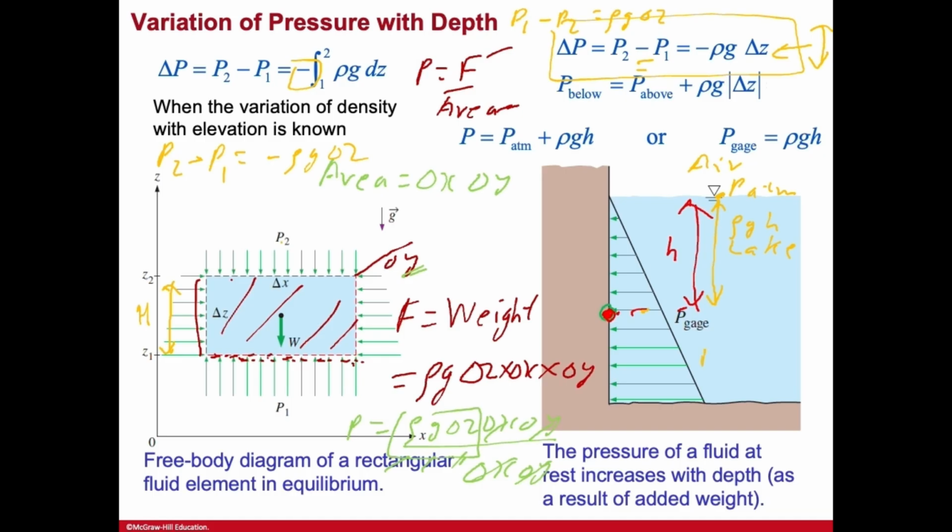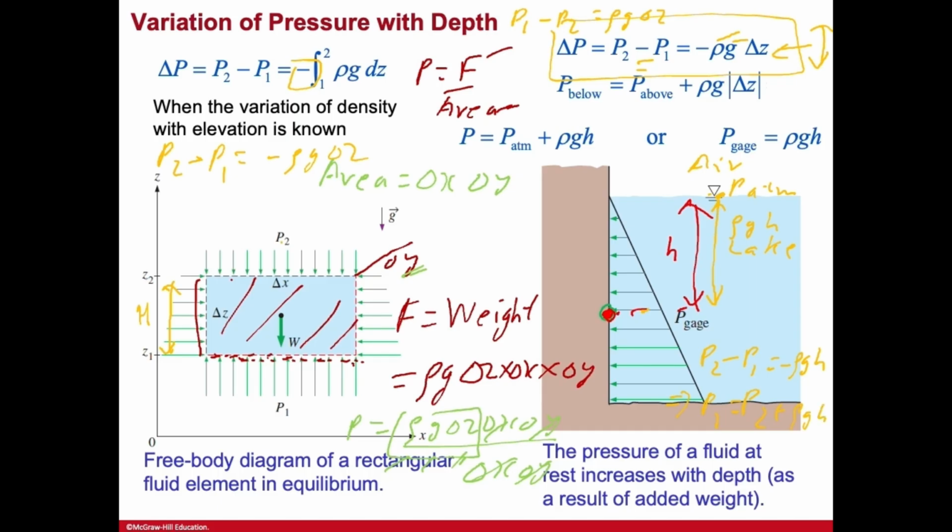So let's say you use this relationship out here: P2 minus P1 is equal to minus rho gh, right? And what you're concerned with is trying to find P1. So P1 is nothing but P2 plus rho gh, right?